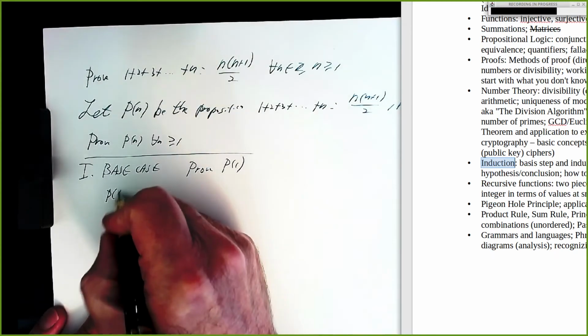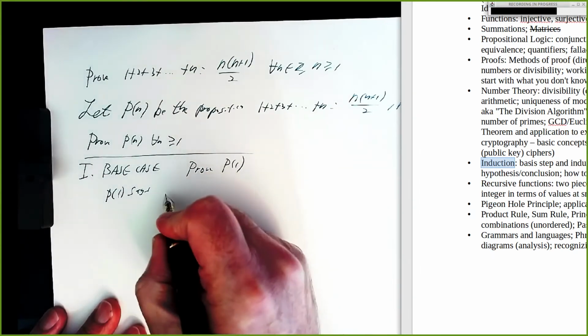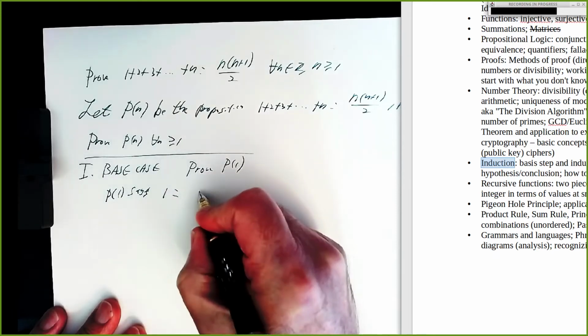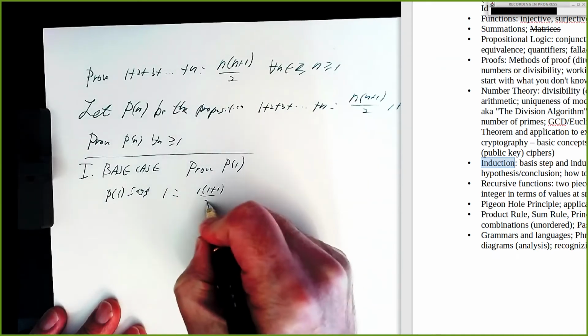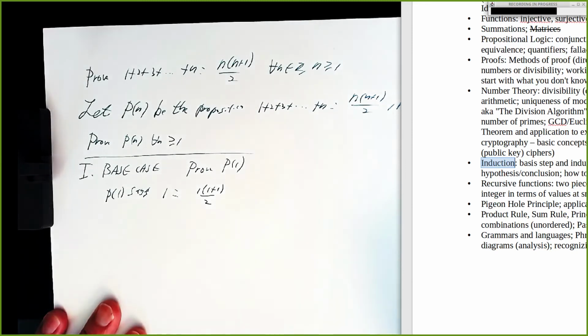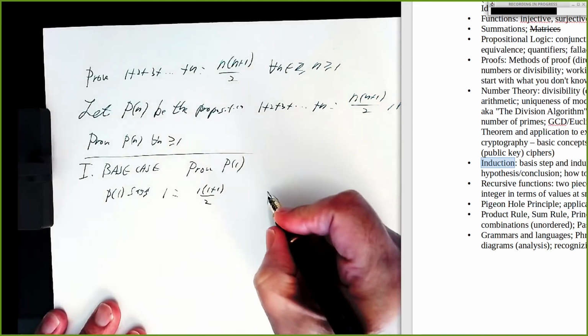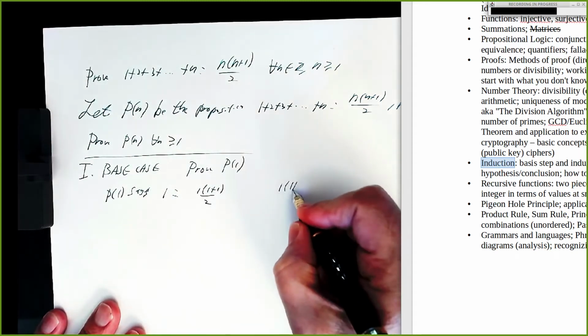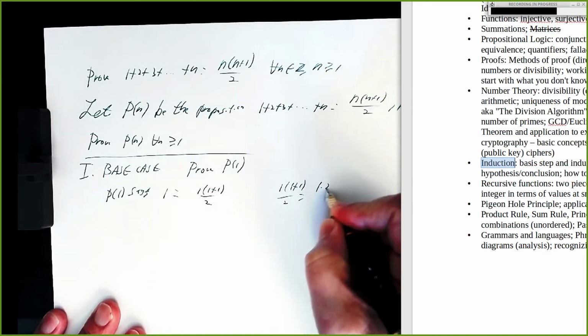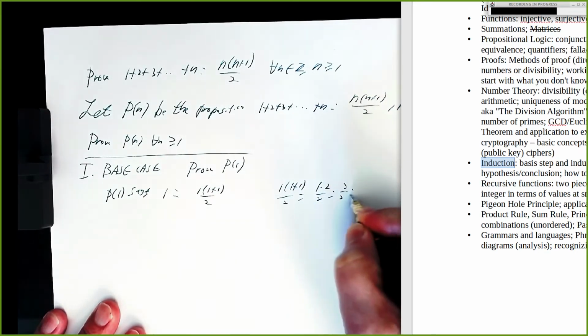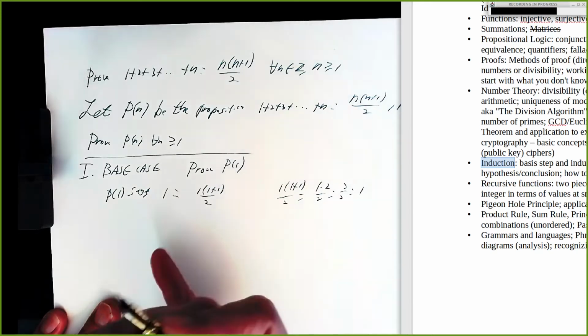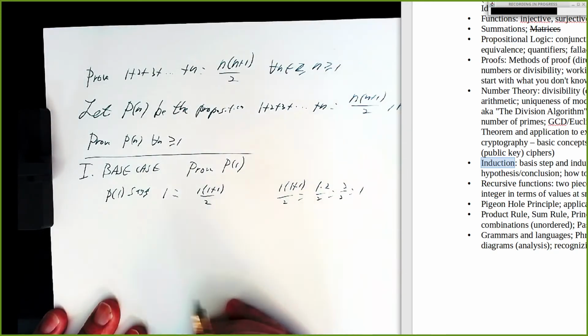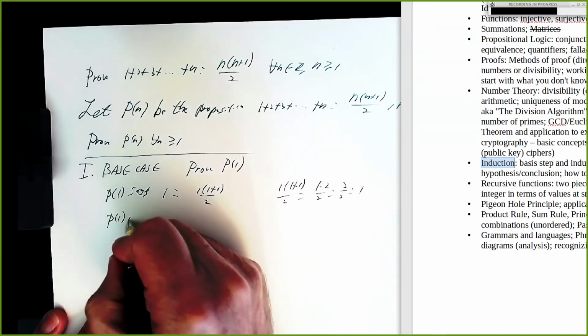P of 1 says 1 equals 1 times 1 plus 1 over 2. And I'm just going to note now that 1 times 1 plus 1 over 2 equals 1 times 2 over 2 equals 2 over 2 equals 1. And so this P of 1 basically says 1 equals 1, which is true. So P of 1 is true.